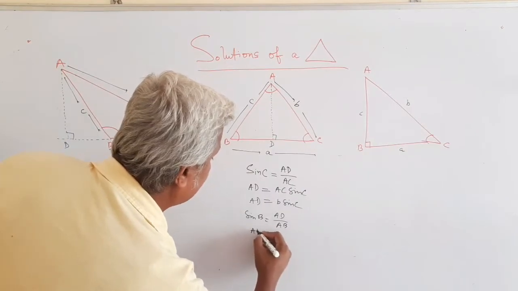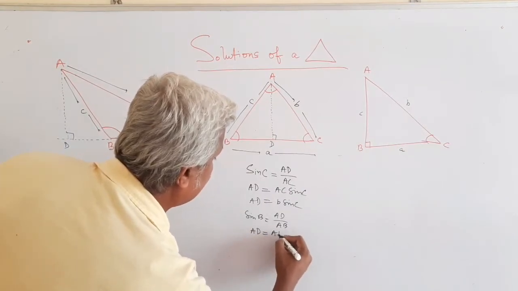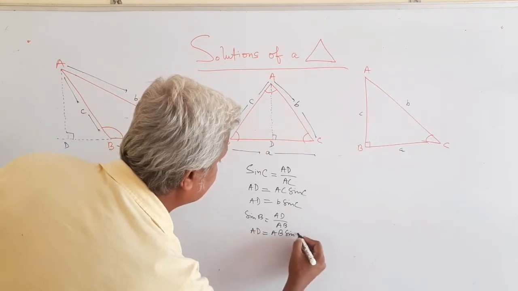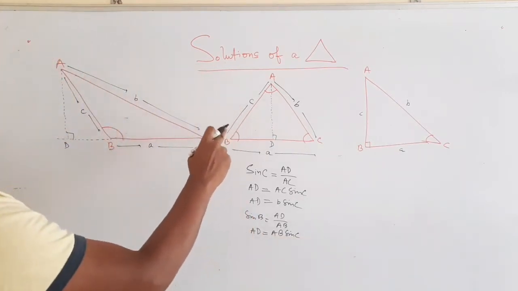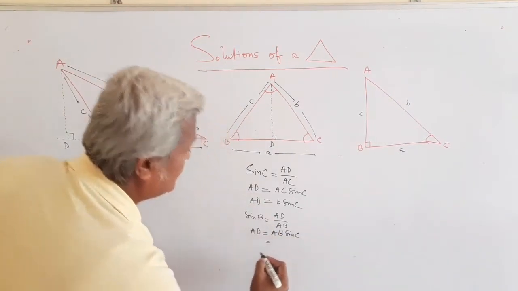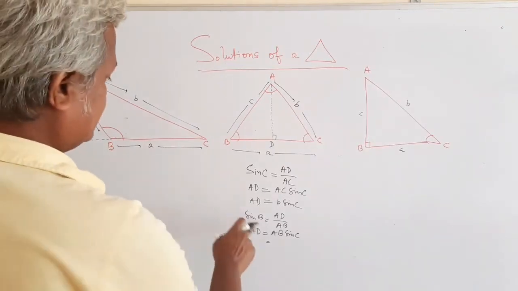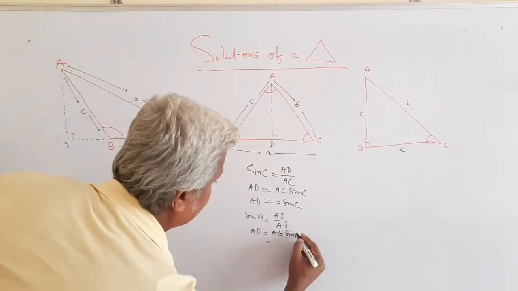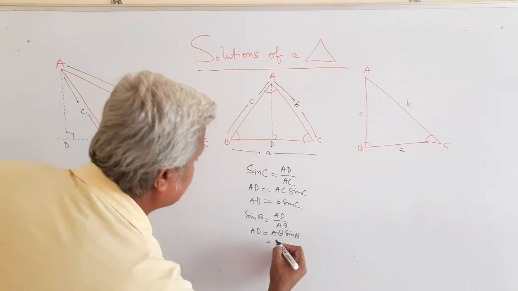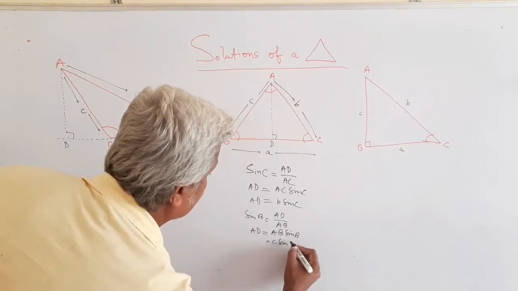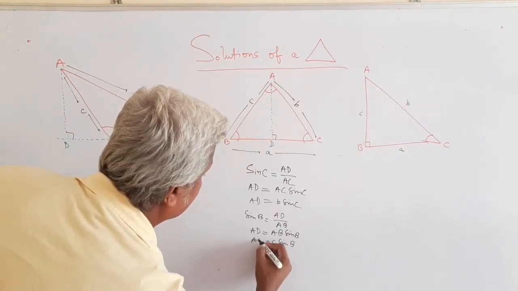So AD equals AB sine B, and AB is small c. Sorry, this is sine B, not sine C. So this is c sine B, AD equals c sine B.